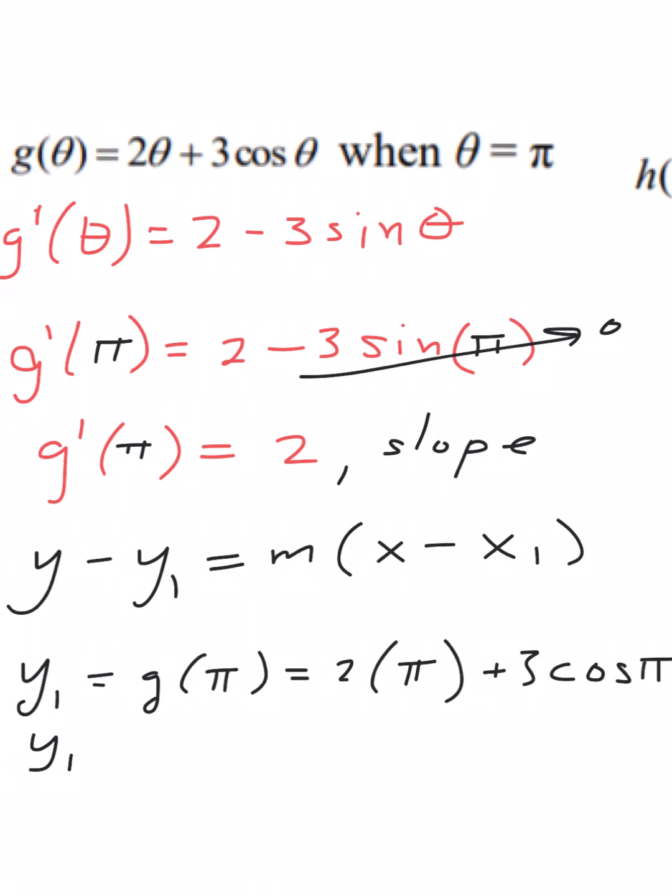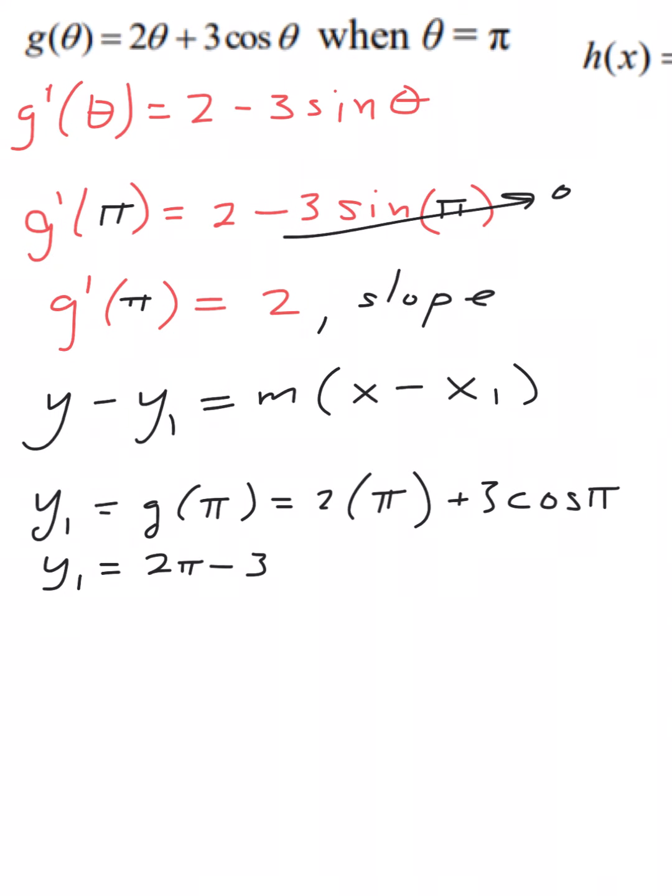So y1 will equal 2 pi minus 3, since cosine of pi is evaluated as -1. Therefore, I have my y1, I have my slope m right here, and I have my theta equal to pi, so that's basically my x1 value.